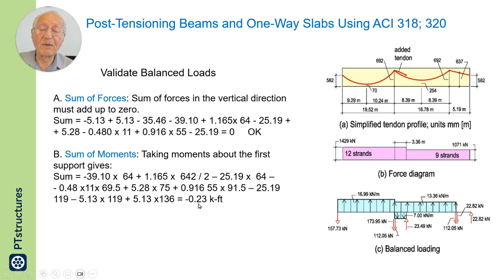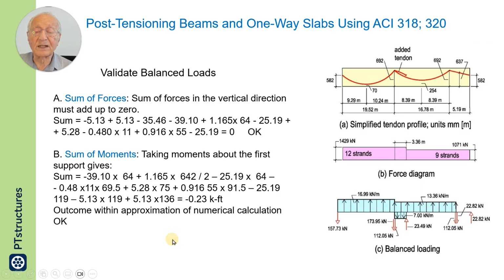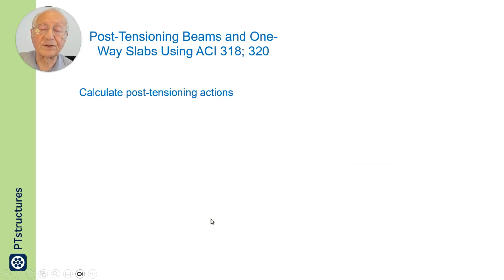This little small value is due to the approximations in the number of digits. So I accept it to be correct because it is very small compared to the value of the items in the formula. The outcome is within approximation of numerical calculations, so it is okay.